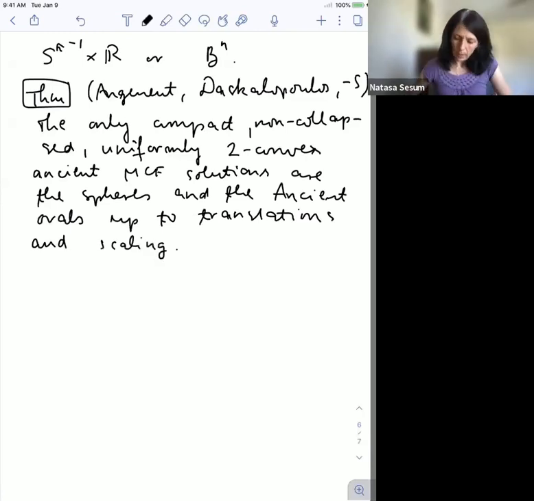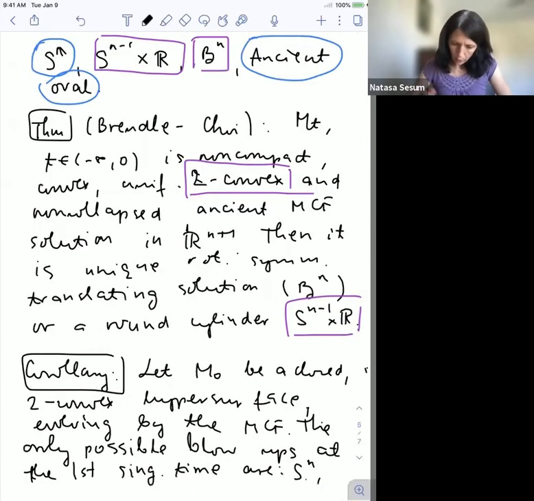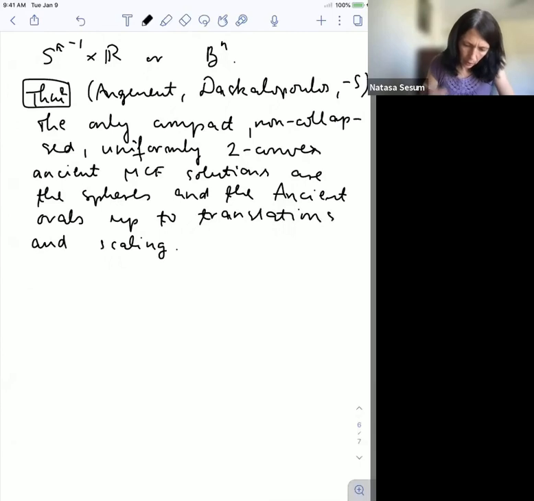Okay. So here we have the theorem of Brendle and Choi, which I will call theorem 1. And then this is our theorem, which is theorem 2.